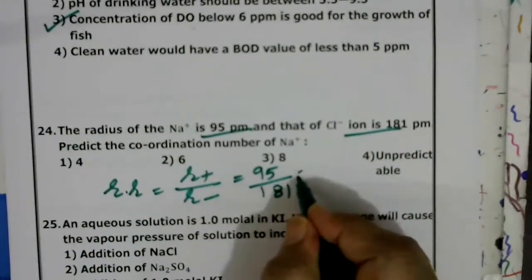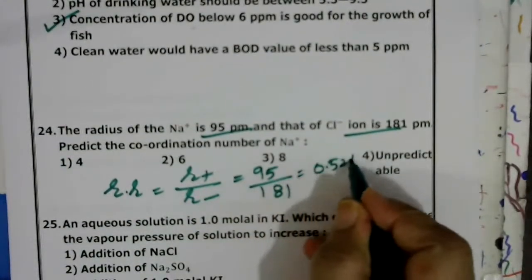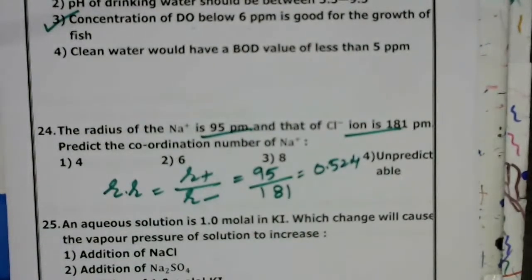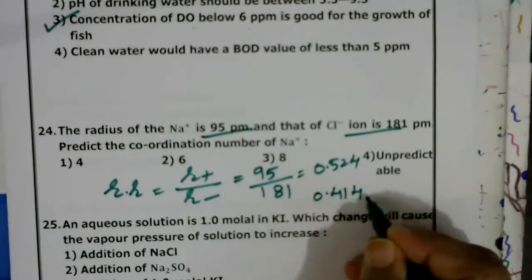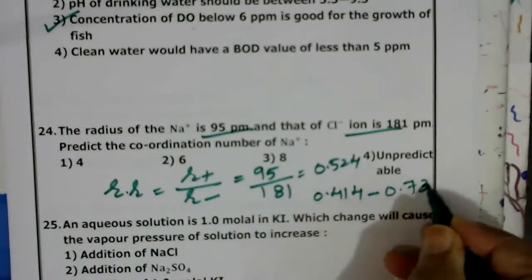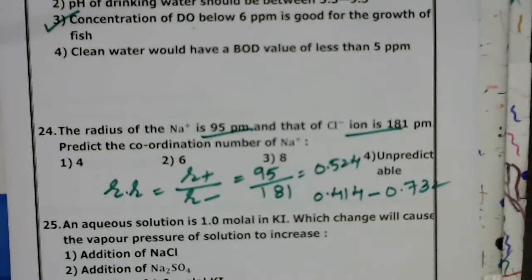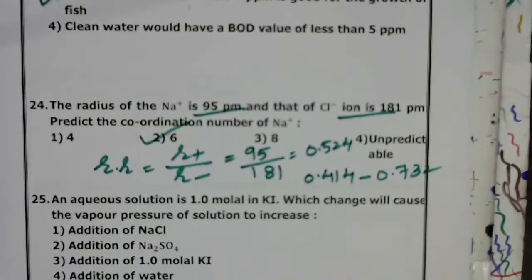The total answer will be 0.524. It lies between 0.414 to 0.732 and its coordination number is 6. Yes, 95 by 181. Correct answer, Shazib.